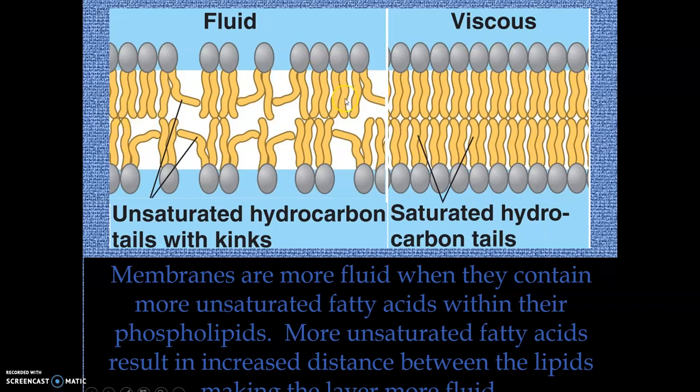You can understand from the two figures here. Here there is no space in between the phospholipids. They are closely packed here, while here the tail has double bonds, or the fatty acids are unsaturated, so they form kinks. This is the structure of a phospholipid having an unsaturated fatty acid in its tail.